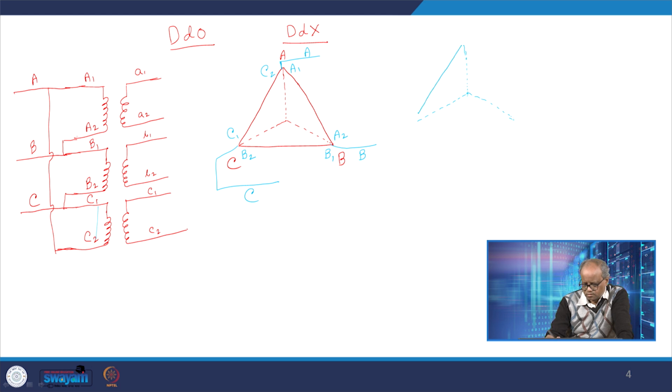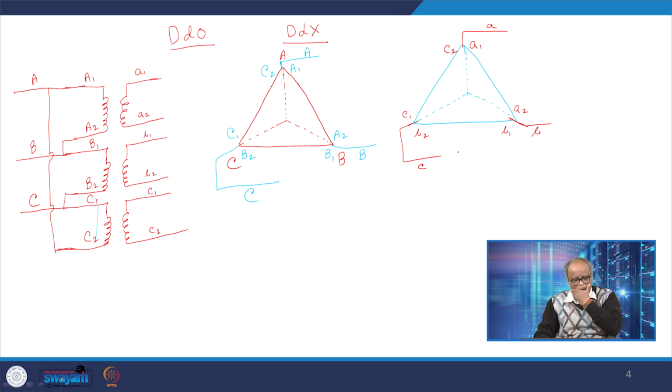So again, as usual, it would be A1, A2, B1, B2, small c1, small c2, and we call this phase A, this phase B, and this phase C, right.